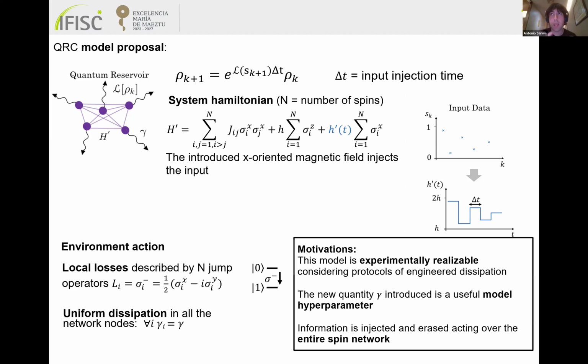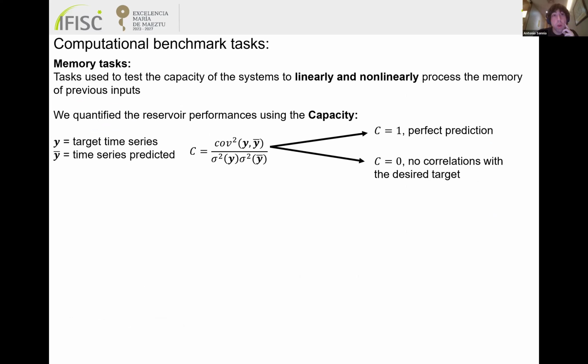So we think, heuristically, that in this way the injection and erasure of information depends less on the system size, because we are always acting on all the spins.